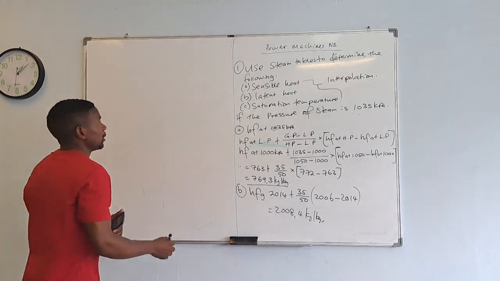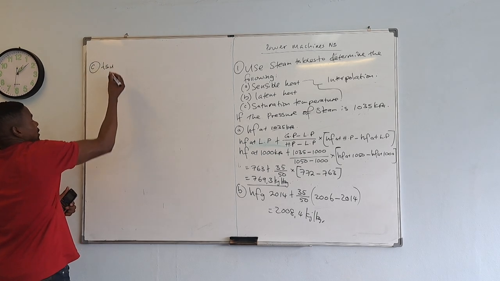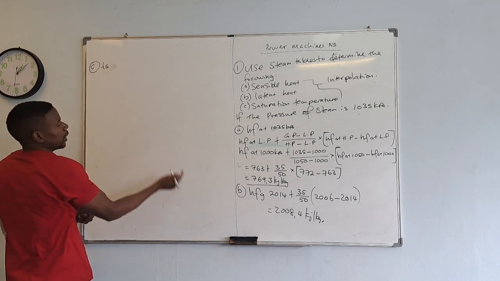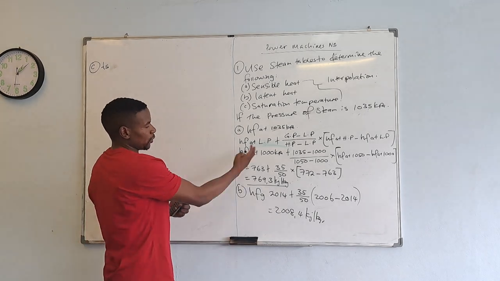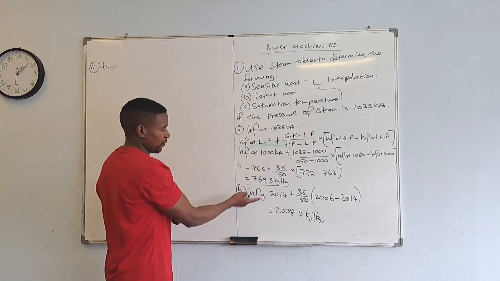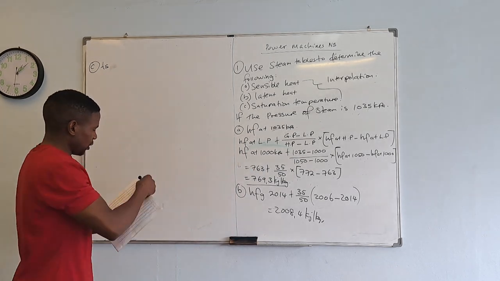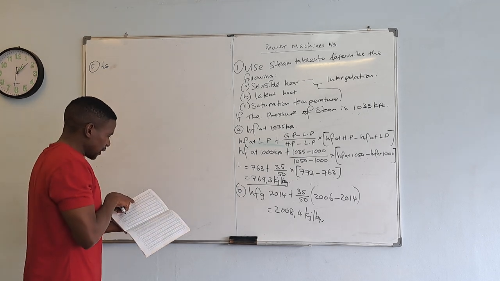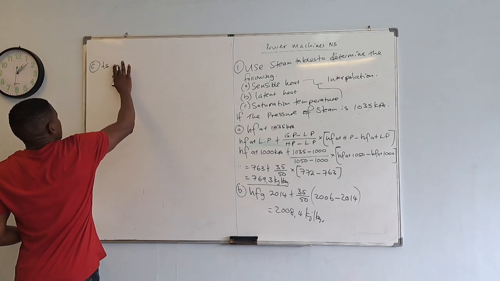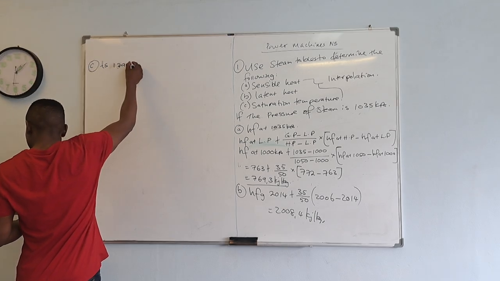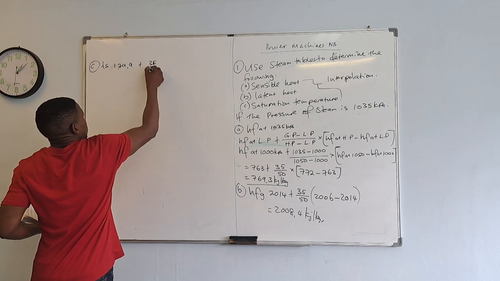And lastly, saturation temperature, which is our C. Our TS, we do the same thing that we have done on A and B. What is only going to change now? We are no longer looking for HF or HFG. We are looking for our TS at 1000. If you go to your steam table, our TS at lower pressure, we are getting 179.9 plus 35 over 50.